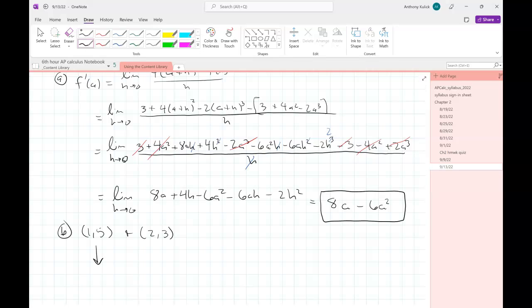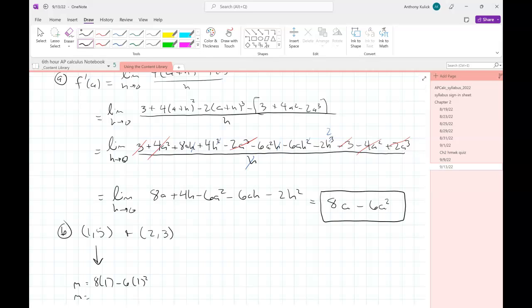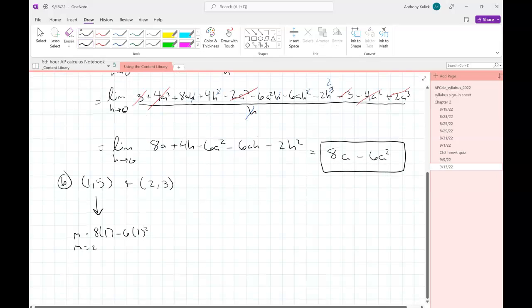So we'll do this one first. The slope for this is going to be just me plugging in 1 into my derivative that I found before. So y minus y1 equals m times x minus x1.